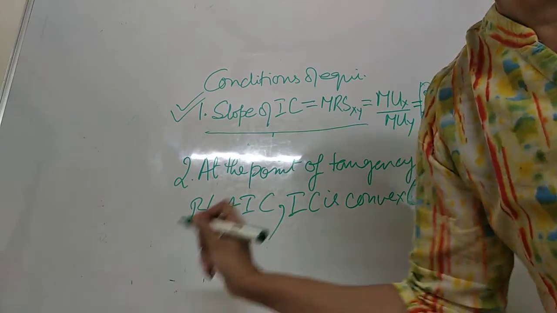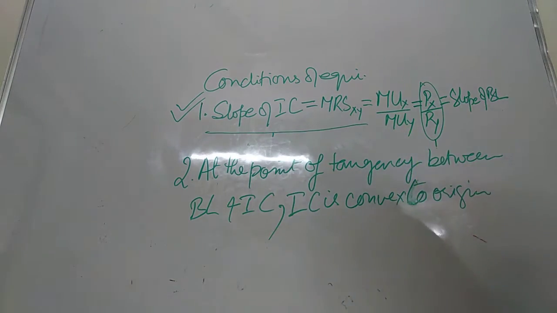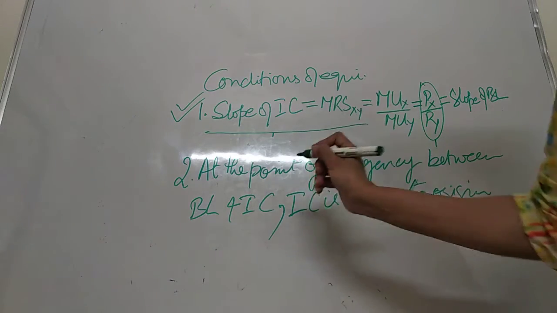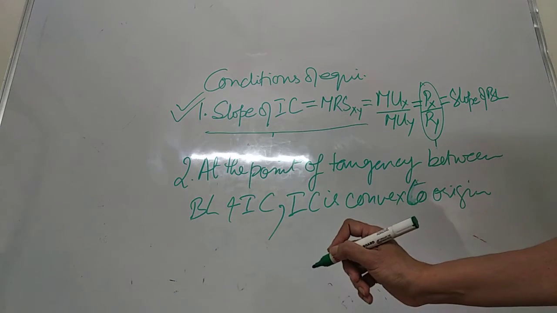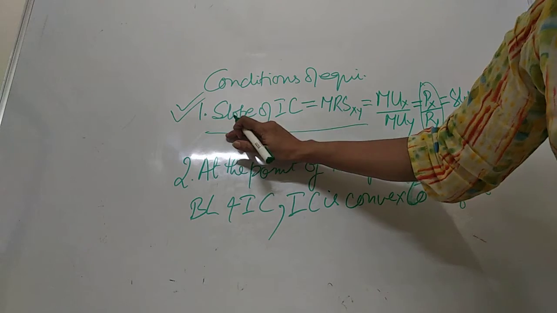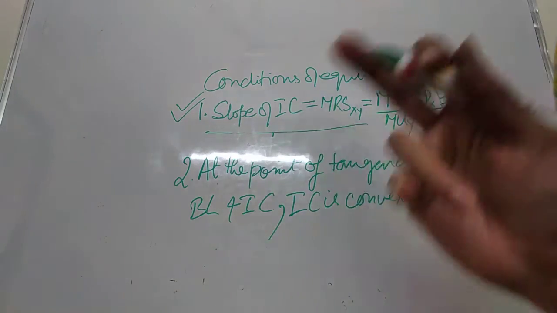This is the condition important for the equilibrium to be attained, right? The first one is the essential condition, the second one is the sufficient condition.